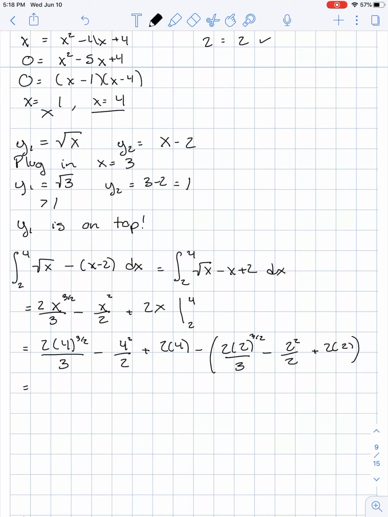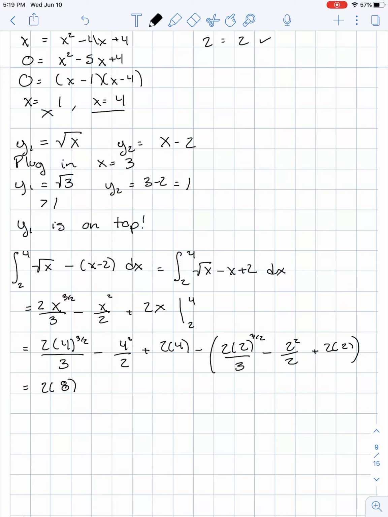So what I like to do when calculating something to the 3/2 is, if it's a perfect square like 4, 9, 16, I like to take the square root and then cube it. So this is going to be 2 times, the square root of 4 is 2, so that'll give me 2 cubed, which is 8.